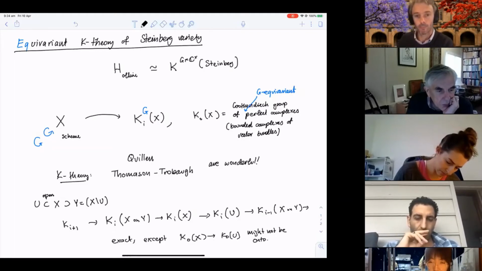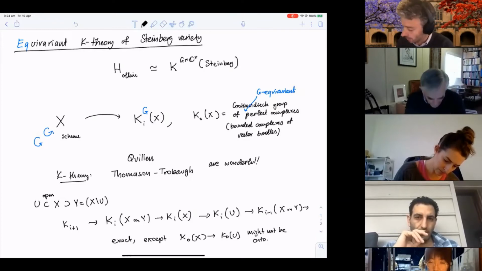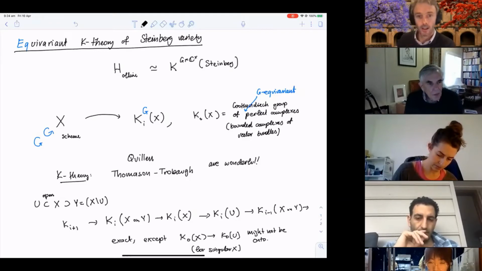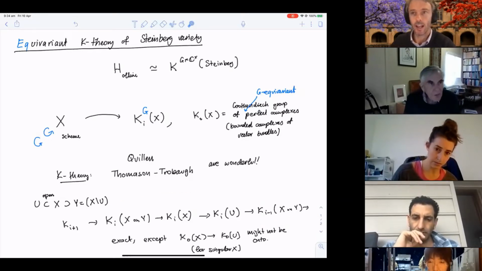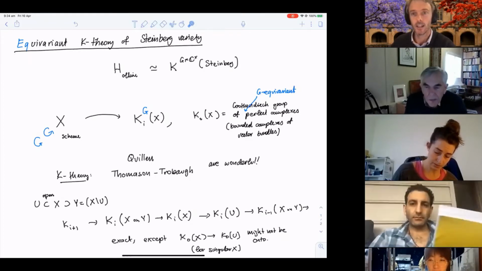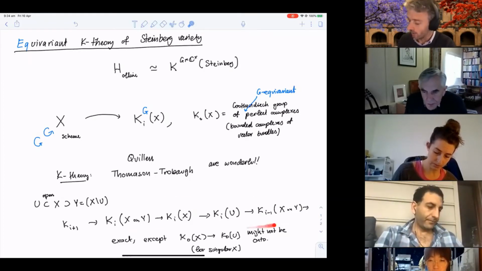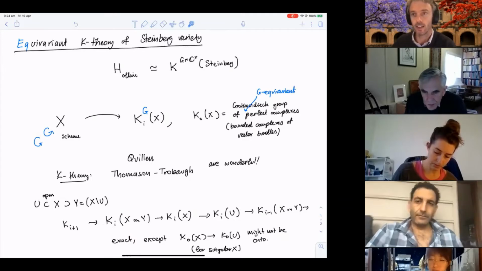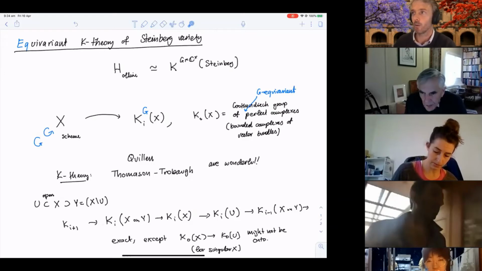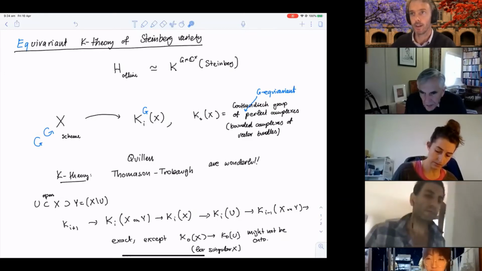But it's for singular X. And you can think about this long exact sequence as being like the fundamental thing, like the long exact sequence of cohomology. But this long exact sequence took about 20 years after the birth of K theory to get proved in full generality, and that's what this Thomason and Trobel paper does.